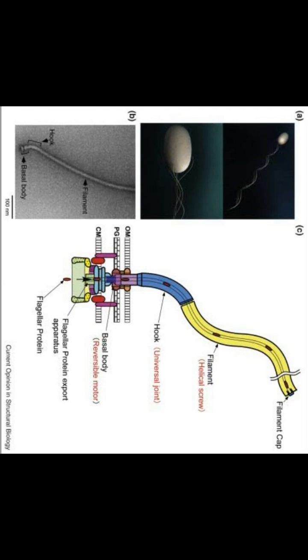The basement is very important, just as a building stands on its basement. The portion of the flagellum which is connected or joined to the cell wall is called the basal part, or also called the basal body. Understand? So these are the three important main parts of the flagellum in bacteria.